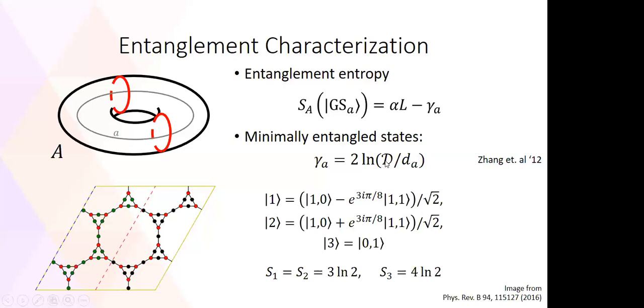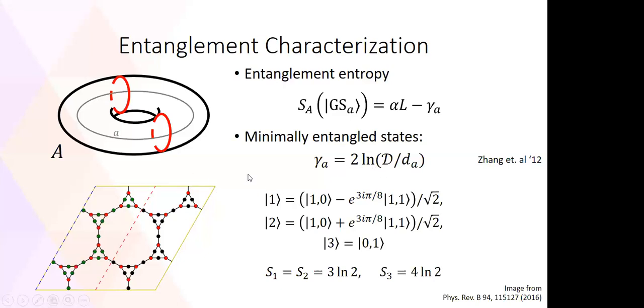Capital D is the total quantum dimension of the anions in the system, and the small d is the quantum dimension of each anion. So for fermions, small d is 1, for Majorana, small d is square root of 2, let's say. And then the capital D is the sum over all the different anions you have in the system. Okay?